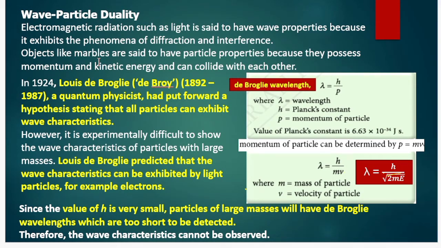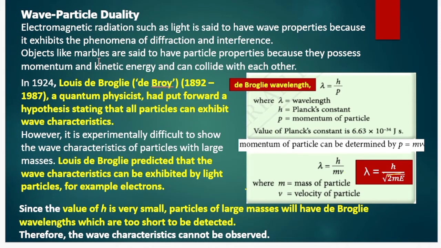However, it is experimentally difficult to show the wave characteristic of a particle with larger mass. Louis de Broglie predicted that the wave characteristic can be exhibited by lighter particles, for example electrons, meaning smaller mass of particle. Since the value of h is very small, particles of large masses will have de Broglie wavelengths which are too short to be detected.